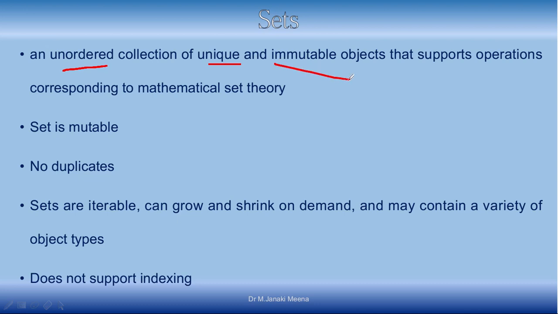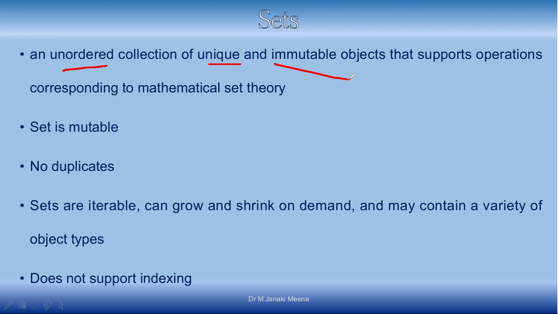When I say immutable objects, it means I cannot have an object which can be changed. Integer, float, string, list, tuple, dictionaries, everything are objects, right? Integer, float, strings are immutable, and list is mutable.